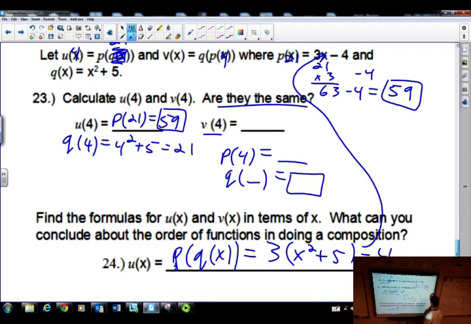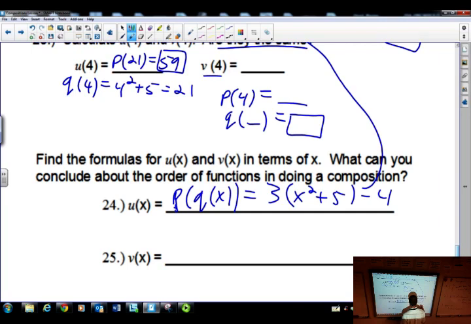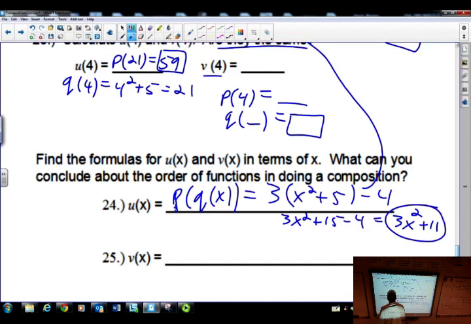So the final answer is 3x squared plus 15 minus 4. 3x squared, 15 minus 4 is 11. So 3x squared plus 11 is the right answer for u of x.